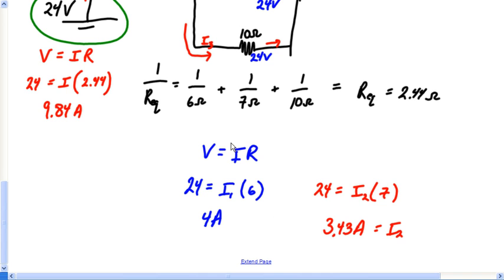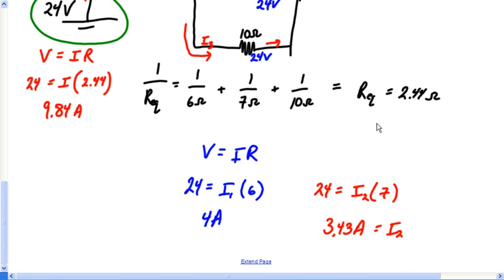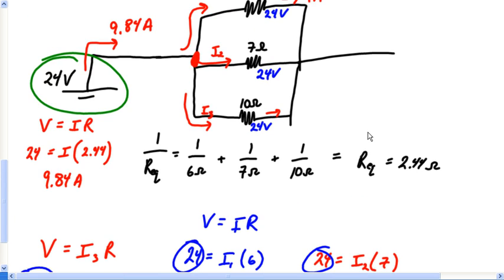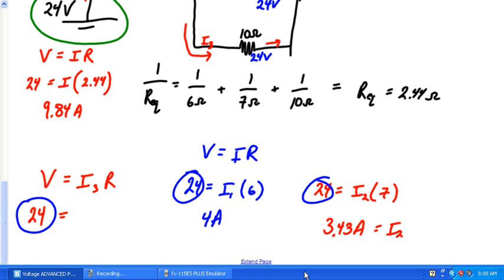And then for the very final one, how many amps are going through the 10? Well, you're going to love the math on that one. V equals I3R. Once again, notice something, 24. Every single problem has had the exact same potential because potential is the same in this parallel setup. 24 equals I3 times 10, which would be 2.4 amps.